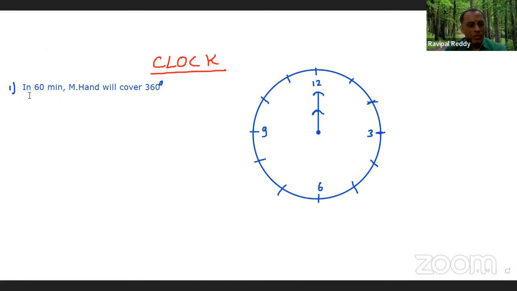Now, in 1 minute, the minutes hand will cover 360 by 60, which is equal to 6 degree.